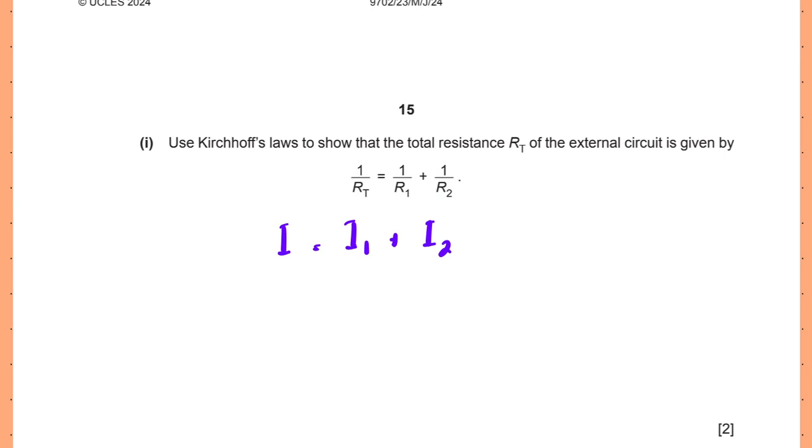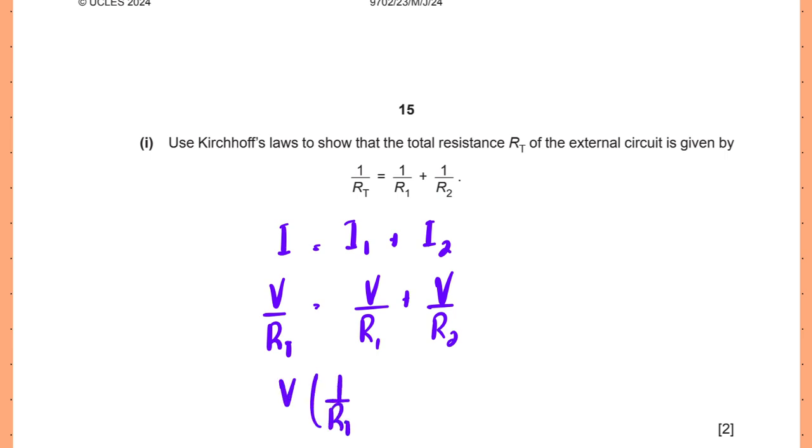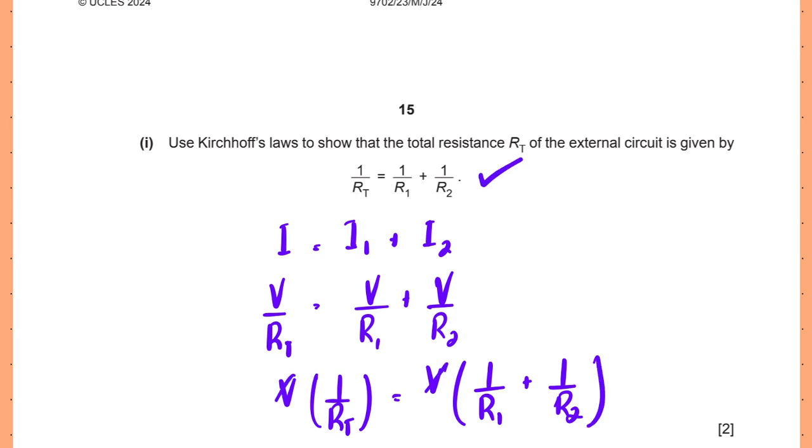So instead of I write V over R. This is the total current, so V over R equals V over R1 plus V over R2. You factor out the V as common, equals V times 1 over R1 plus 1 over R2. V's cancel out and you get this expression.